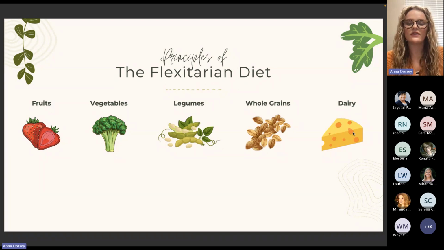So some principles of the flexitarian diet, or should I say, these are 5 food groups that the flexitarian diet really emphasizes and wants you to get a good amount of. That's going to be fruits and vegetables, legumes or beans, whole grains, and then dairy products.